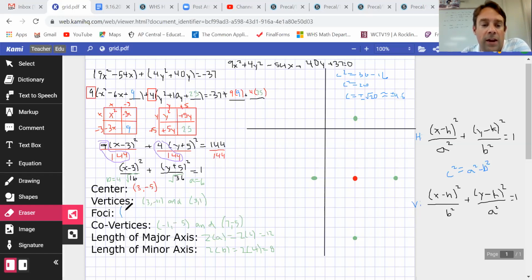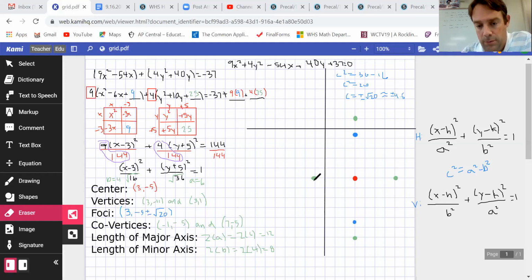But this time I'm going to add it to my k value since I'm going up and down. So 3 comma negative 5 plus or minus root 20. So 1, 2, 3, 4.5. 1, 2, 3, 4.5.